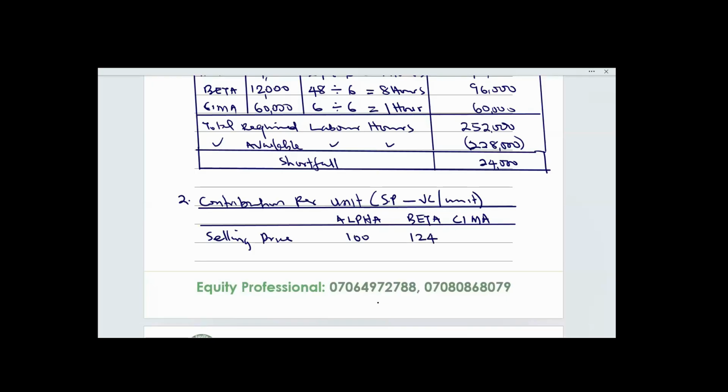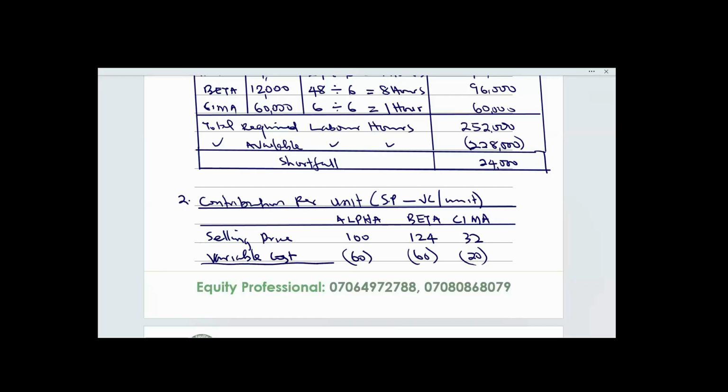And then sigma, 32. We then deduct variable cost. How much is variable cost of alpha? 60. What about beta? 60. Then for sigma, 20 naira per unit.